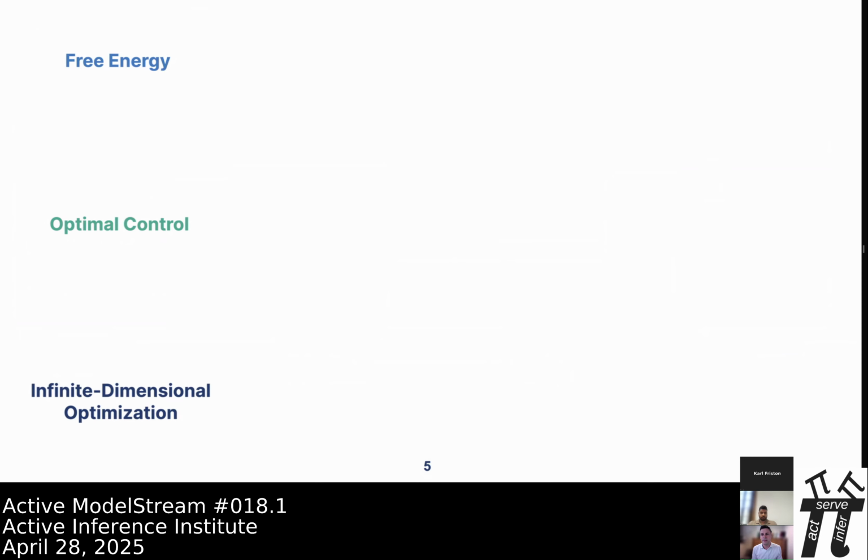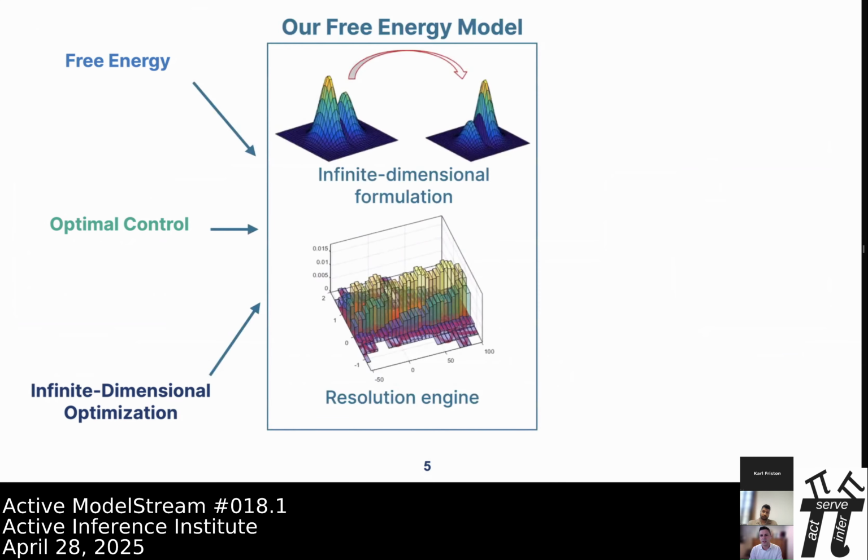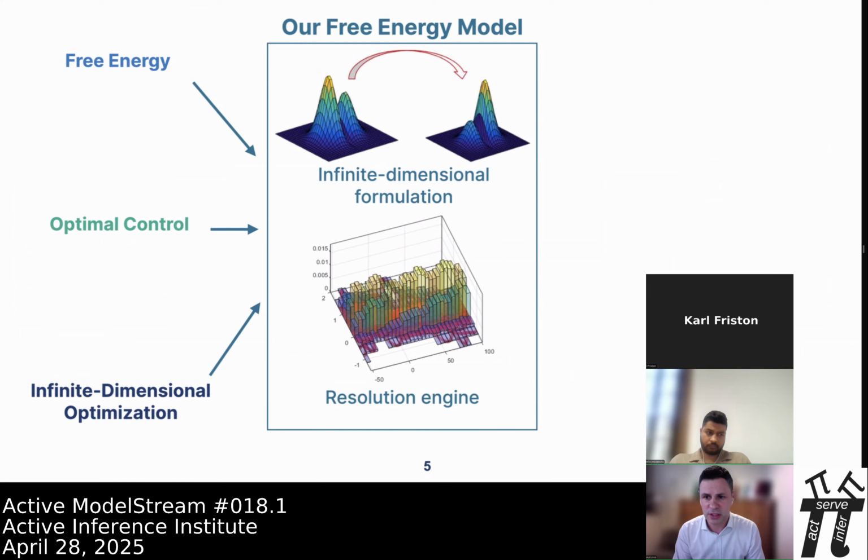And the way we frame the problem has a lot to do with optimization, in particular optimization in the space of densities, in probability space, which is technically an infinite-dimensional optimization problem. So the mix of these three key ingredients gives us our free energy computational model, which consists of an infinite-dimensional free energy formulation and a resolution engine that computes the optimal policy, and is able to output the optimal policy with provable guarantees.